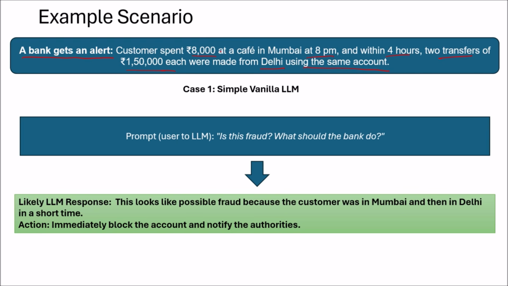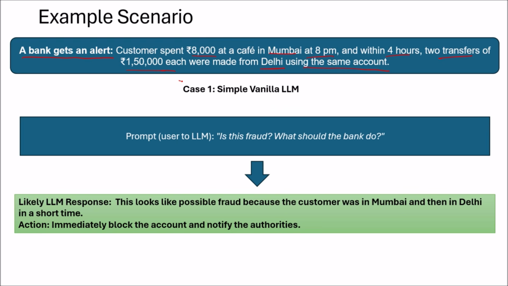The distance between both cities is around 1500 kilometers. So if you are doing so many transactions within 2 or 4 hours, and the velocity of transactions is also too high, it will automatically create an alert for the banking system. So it will send this to our system.